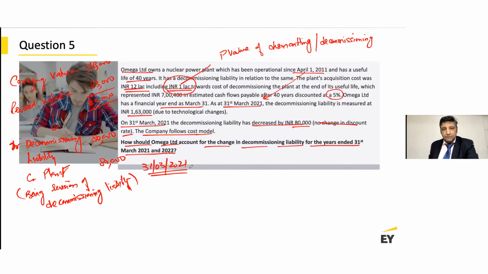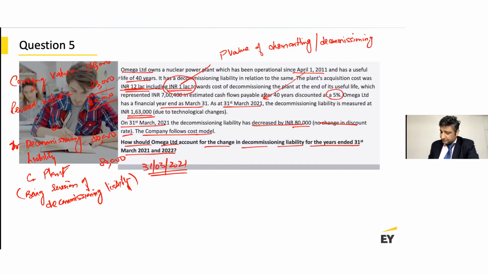Okay, now what we are supposed to do is look at the year ended 31st of March 2022. Importantly, what you would like to remember here is that your original cost of the asset was 12 lakh rupees. The decommissioning liability is now measured at 163, and of course, it has been reduced to 83,000. This is the calculation that we have done so far.